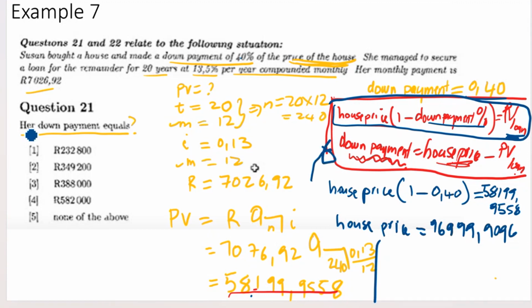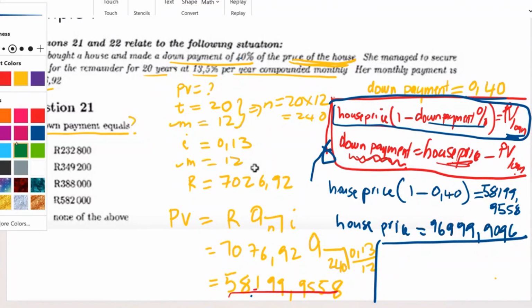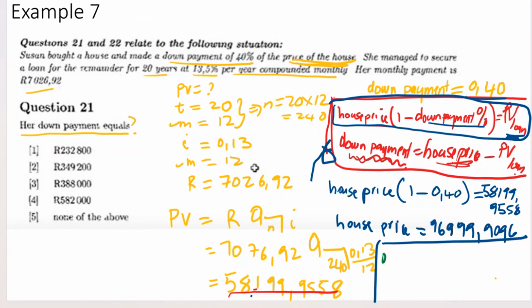Once you've got your house price, you can come to this formula to get your down payment. Now your down payment, the actual amount, not the percentage, substituting in this formula, is your house price, 969,999.1996, minus your present value that you calculated, which is 58,199.9558.